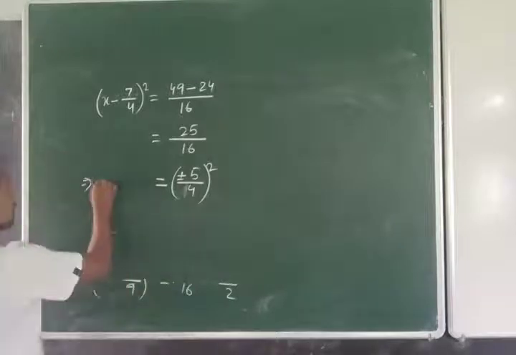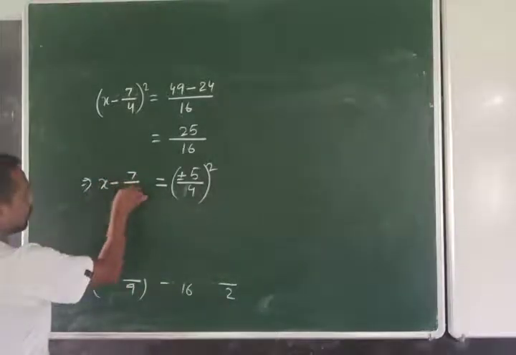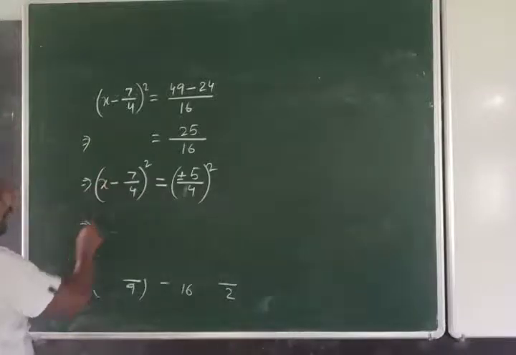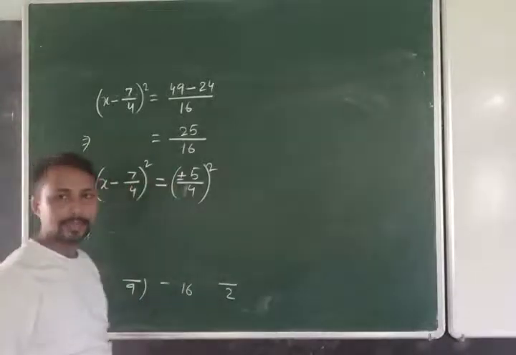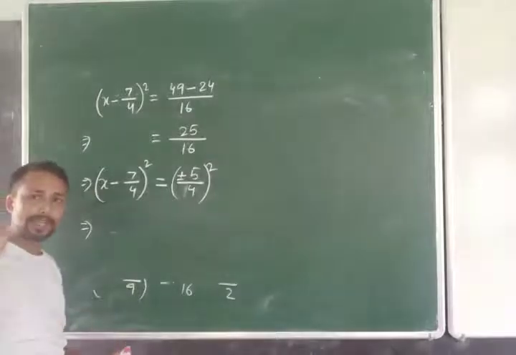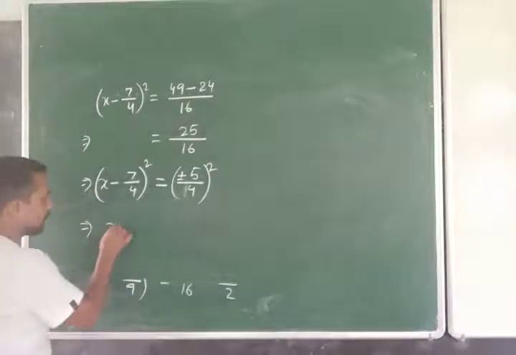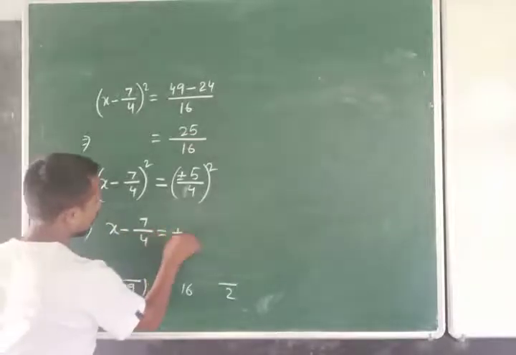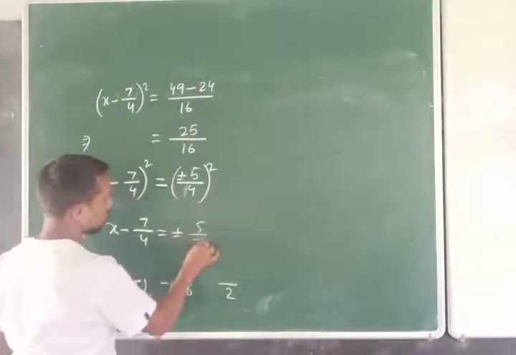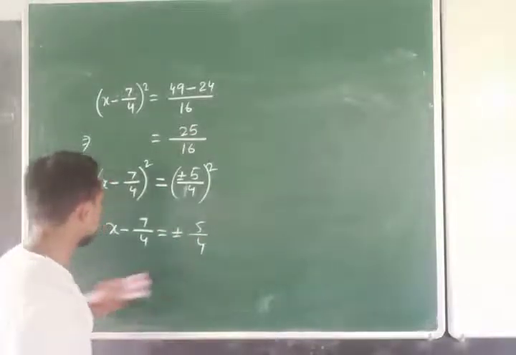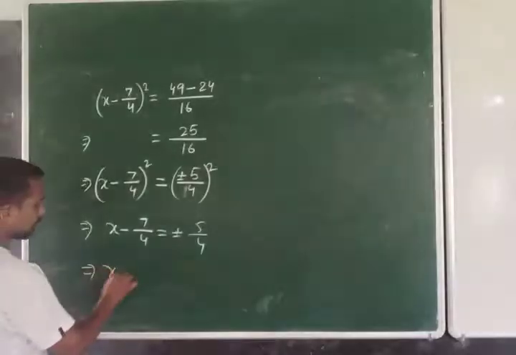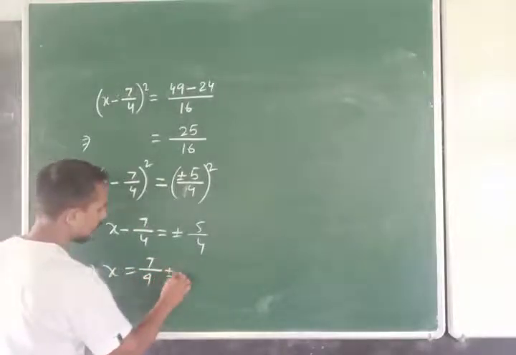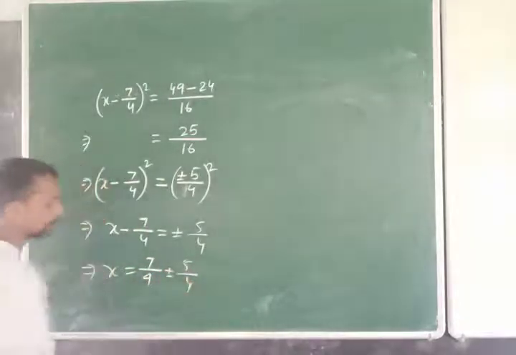Now, this side x minus 7 by 4. Here we have seen both sides are completed squares. This is called completing the square. Now we can move 7 by 4 to the other side. x equals 7 by 4 plus minus 5 by 4.